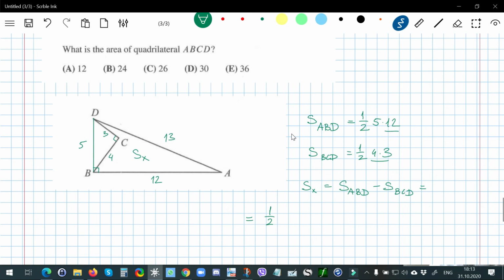Actually, I can factor also 12. And then it's 5 minus 1. And that's 1/2 times 12 times 4. And then it's 24. Of course, so our answer is, we actually mark this.